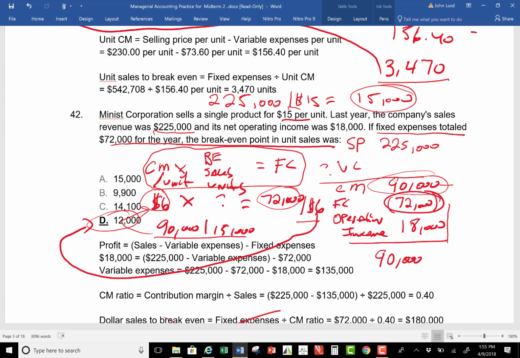And then I know the contribution margin is 90,000. So if I divide 90,000 by 15,000, that gives me the $6 contribution margin per unit, right? Once I have that, I'm back to the logic, which is contribution margin per unit times break-even units, which is what this question was asking me, equals fixed cost.